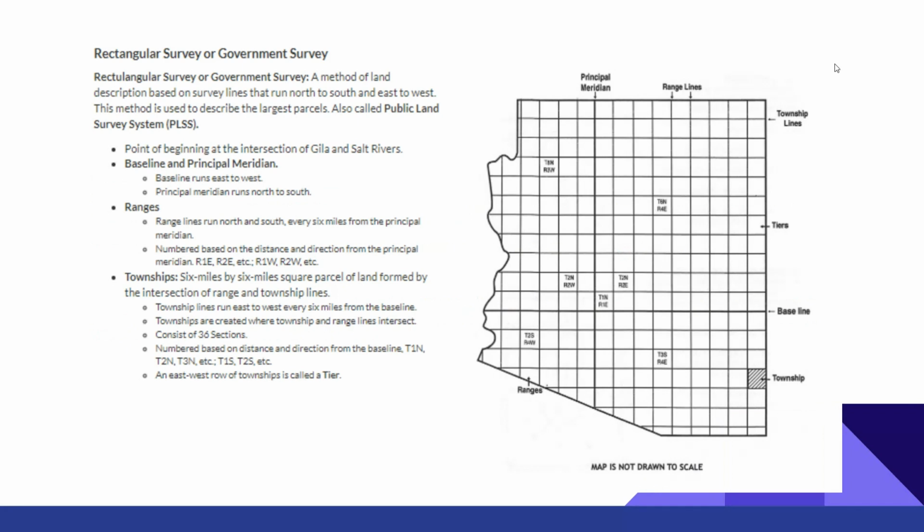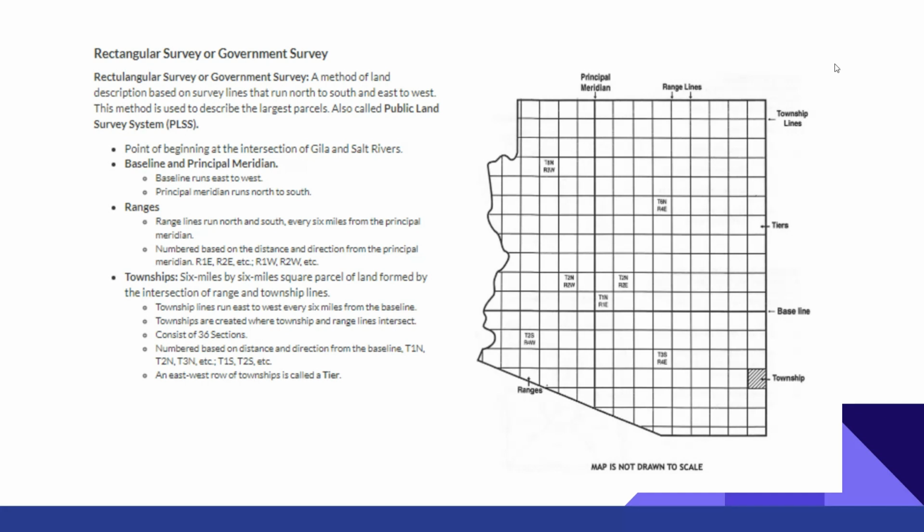Ranges. Range lines run north and south every 6 miles from the principal meridian. Numbered based on the distance and direction from the principal meridian, R1E, R2E, etc., and R1W, R2W.